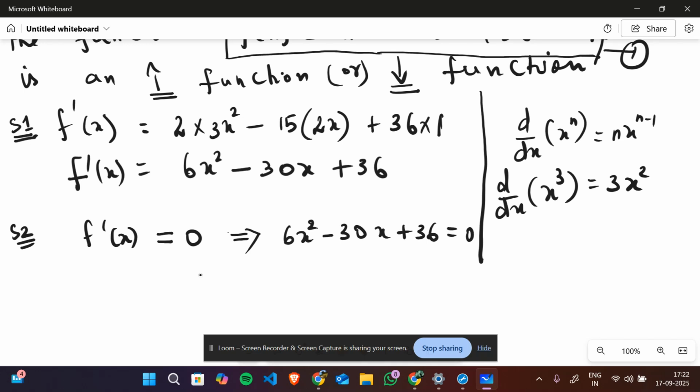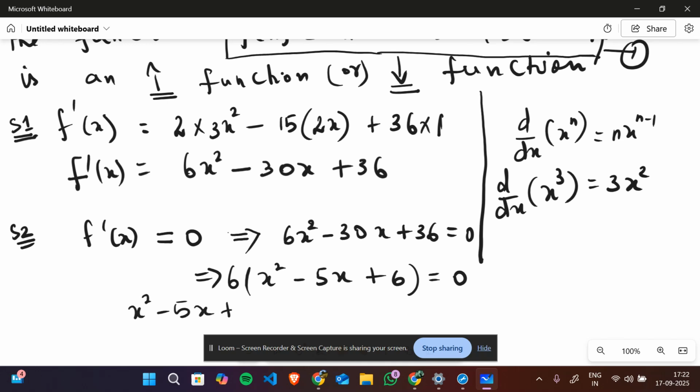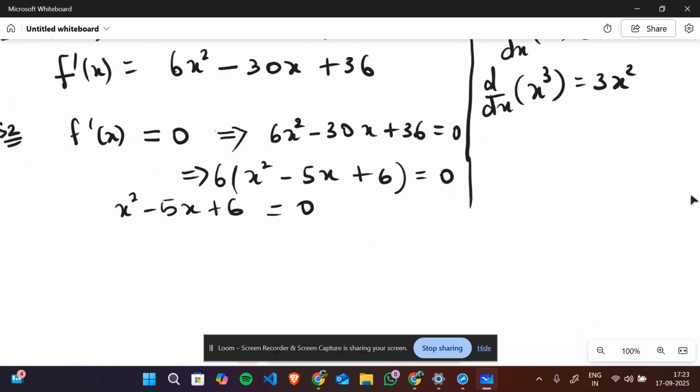Let's solve the quadratic equation. When we solve a quadratic equation, we can go for splitting the middle term. The factors of 6 are minus 2 and minus 3: when we add, we get minus 5, and when we multiply, it is plus 6. So x square minus 3x minus 2x plus 6 is 0.